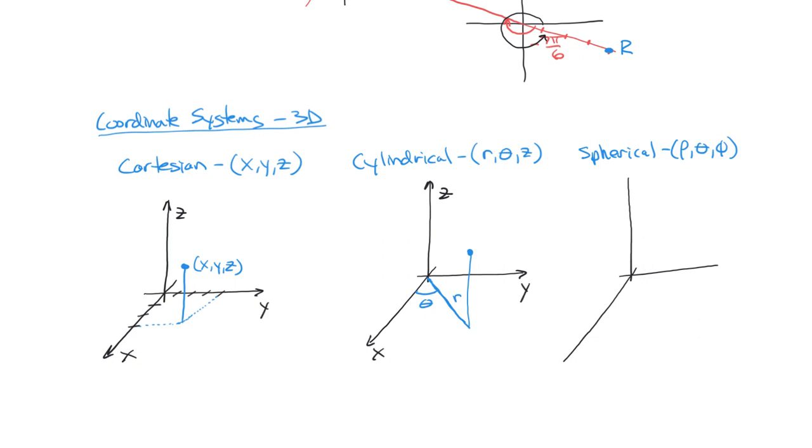So this distance here would be z. So then we have r, theta, z. So it's just a different way to describe how to get to this point. All right, same with this, just a different way to get to that point. This is a different way to get there. This one's based on polar coordinates. You've got your r and your theta, and then you just go up.